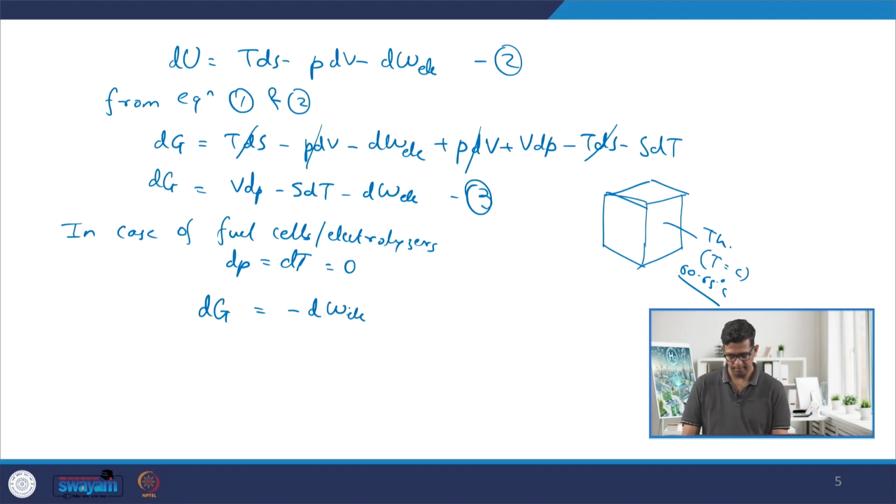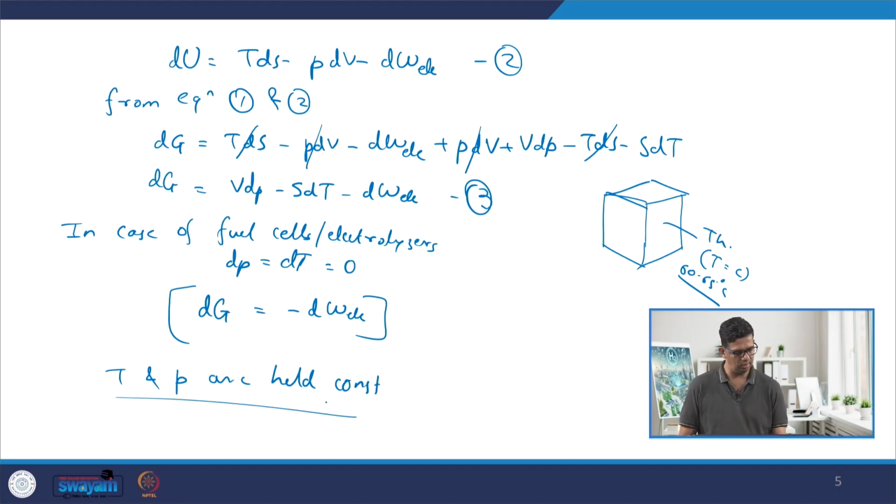So basically electrical work output, or input, is nothing but the change in the Gibbs free energy. Let me write: T and pressure are held constant here. Only then this change in Gibbs free energy is equal to dW electrical, it's valid.